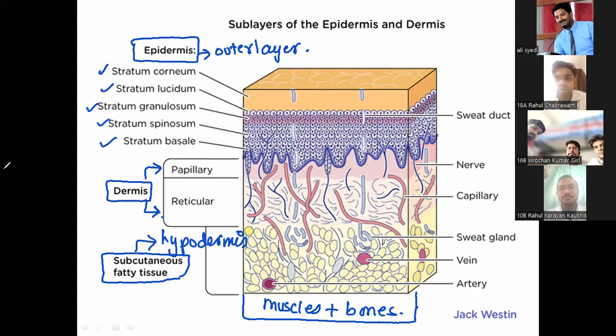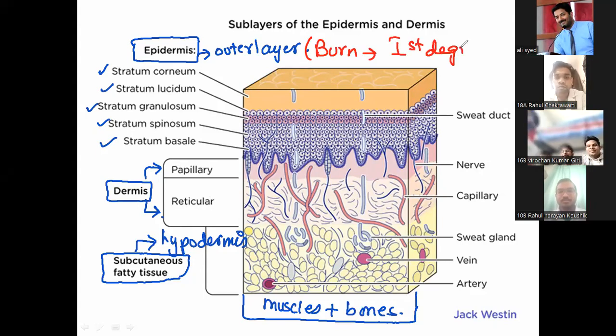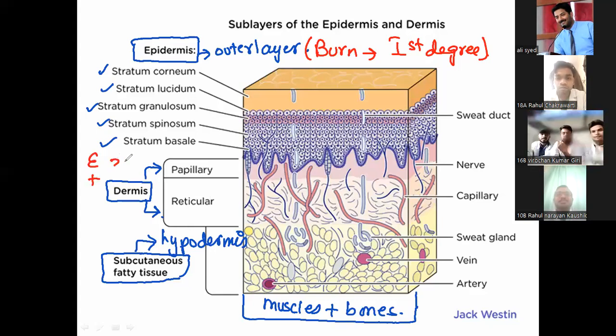For example, when we study the classification of burn, if the burn is only involving the epidermis, it is known as first degree burn. So first degree burn is what? It is only involving the epidermis. If the burn is involving epidermis plus dermis, it is known as second degree burn.